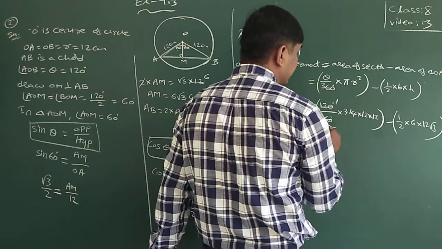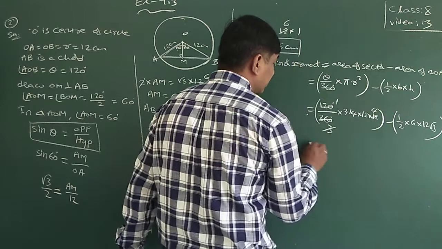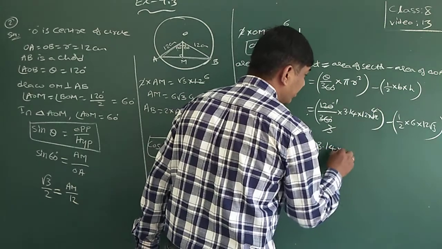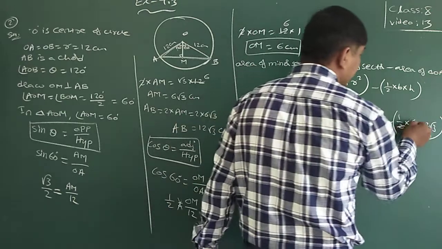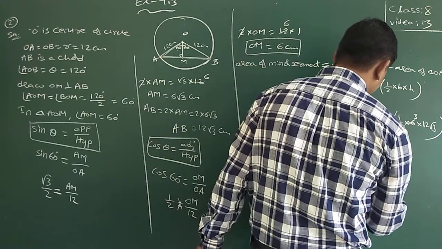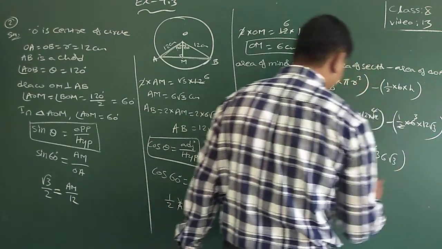120 by 360 is 1 by 3, 3 fours are 12, 12 fours are 48. That is equal to 3.14 into 48, minus half into 6 into 12 root 3, which is 36 root 3.